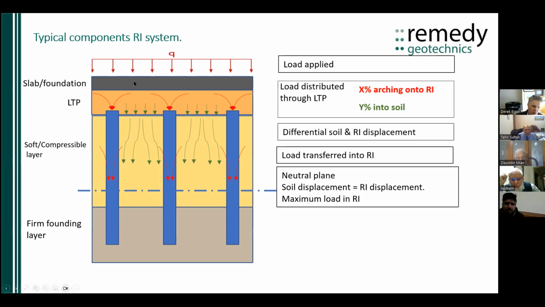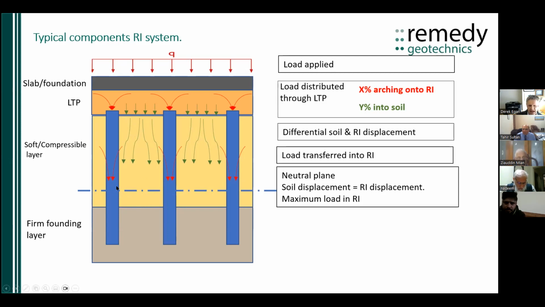Now, as we go down in depth through the soft layer, obviously the settlement within that layer is going to decrease because we get near the bottom. And at some point, there will be a plane, which we call the neutral plane, where the settlement of the soil here is exactly equal to the settlement of the column.